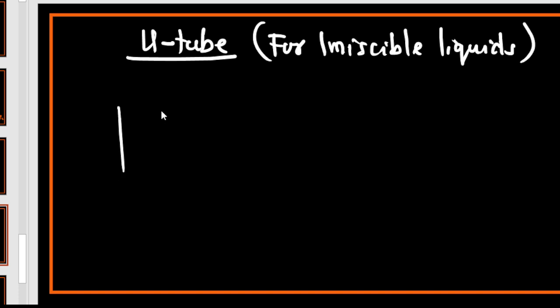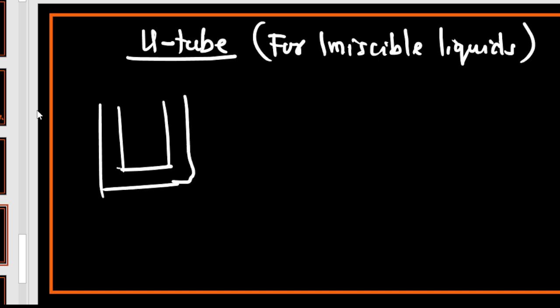So if you have something like this, this is a tube that forms the shape of a U. So the first thing you want to do is to pour the liquid inside.